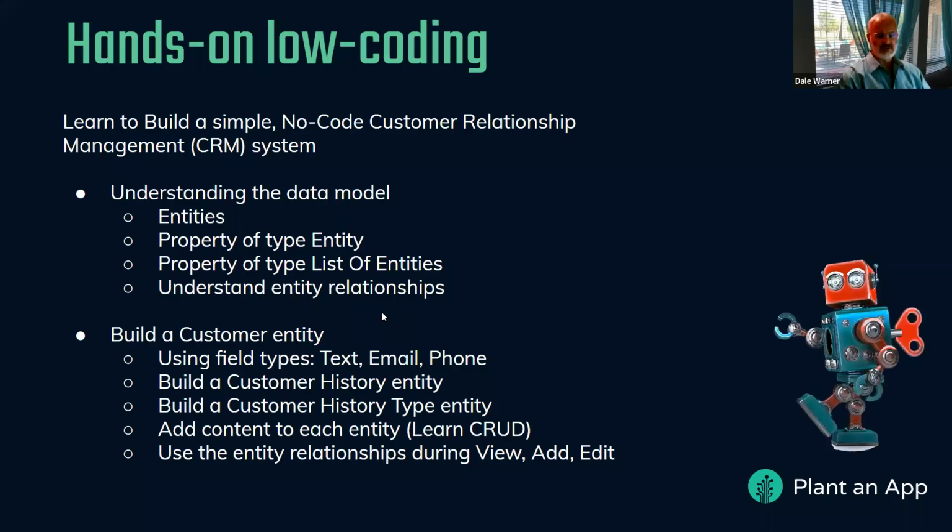So with that, we're going to focus on building a simple no code customer relationship management system. This topic is one that we are working up as the next course that we add to our Low Code Academy. There's currently a course, fundamentals of low code, that's available and free in the Academy, which is academy.plantandapp.com.